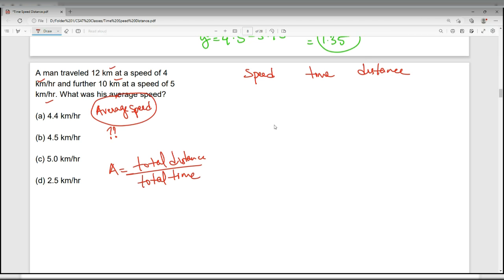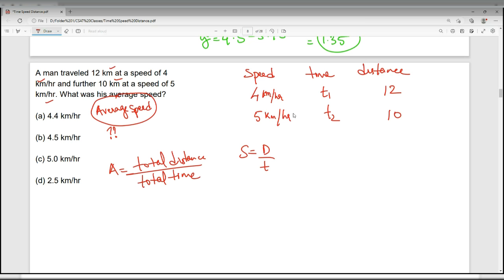So his distance was 12, speed was 4 kilometers per hour, and let this be T1. And the second is he traveled further 10 kilometers at a speed of 5 kilometers per hour. Let this be T2.